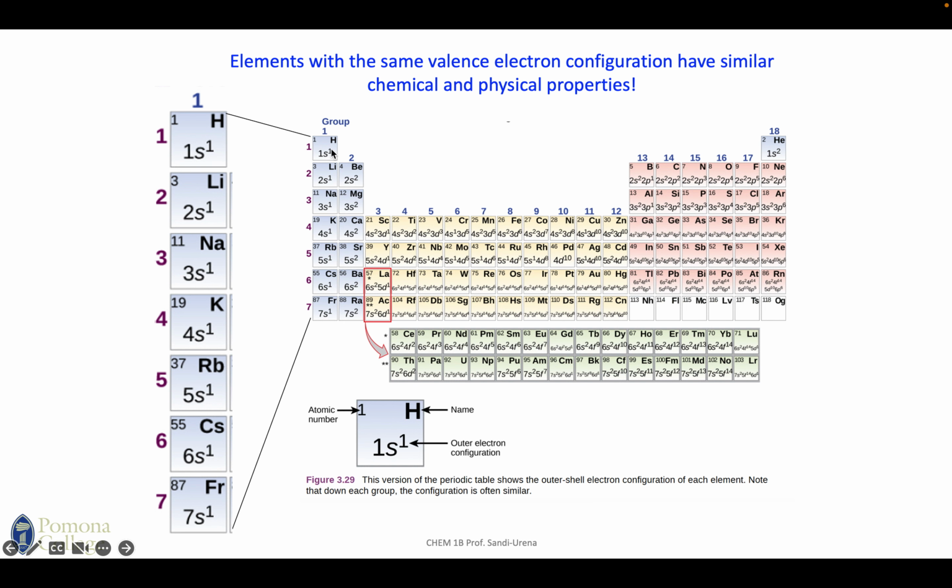So for all of the alkali metals, the configuration is s1. They all have one s electron as the valence electron. Alkaline earth metals, they all have s2. And that causes them to have similar chemical and physical properties.